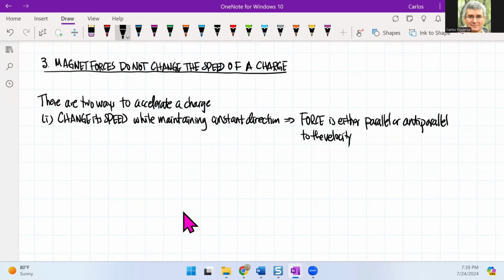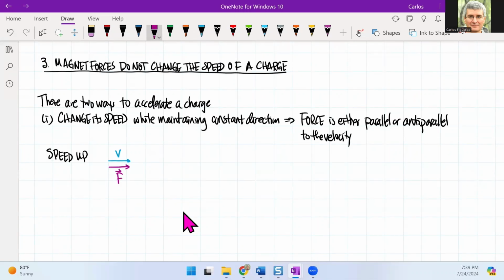So if I am going to speed up, the way I do this here is that I have a velocity that must be in the same direction as the force.